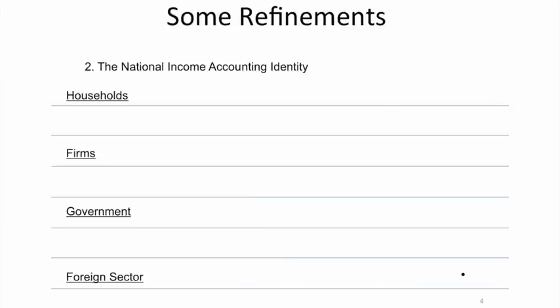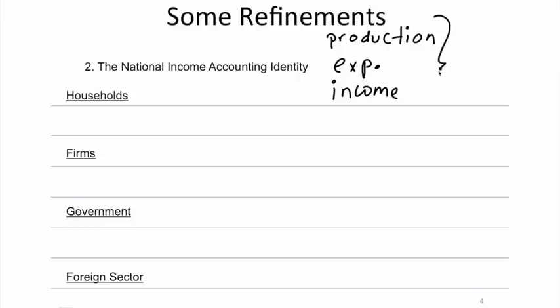So we've done a lot in this lecture, but it's all going to be useful for us as we go through this course in macroeconomics. A lot of what we've done revolves around what is called the national income accounting identity, which is this idea that production, expenditure and income are actually three different words that mean exactly the same thing, and that is gross domestic product.